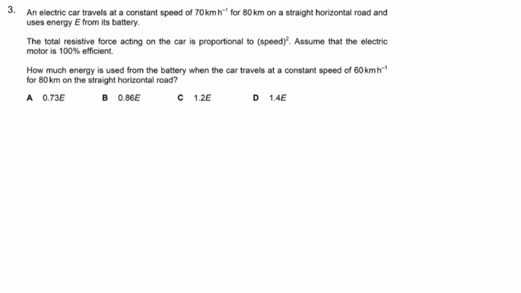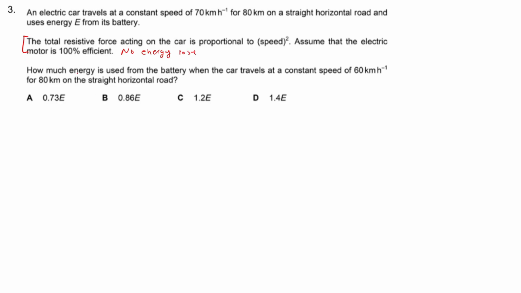Okay, so first things first, let's take the information from the second one. These are just small details that we need to consider. For example, assume that the electric motor is 100% efficient. That means that no energy is lost, and it's all put into the car's speed basically.